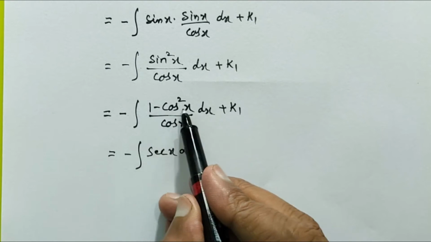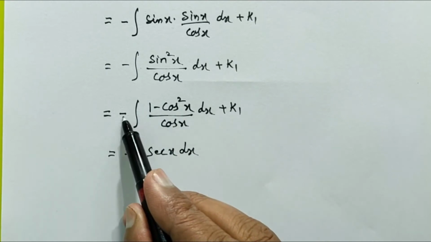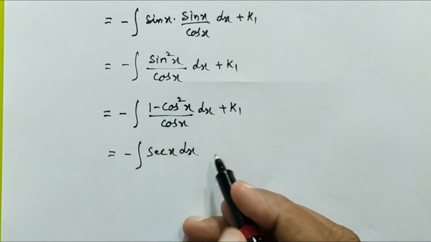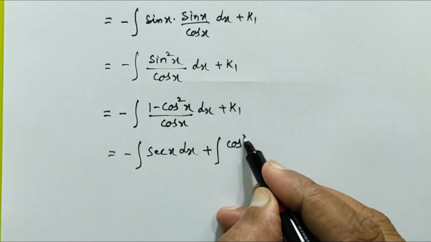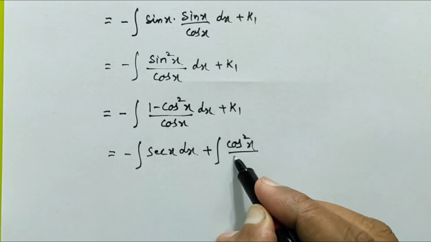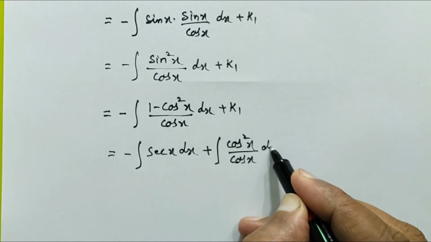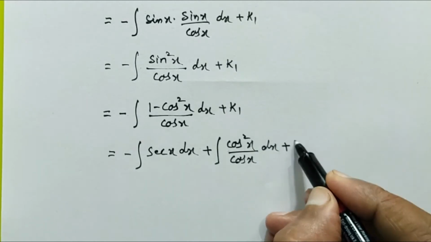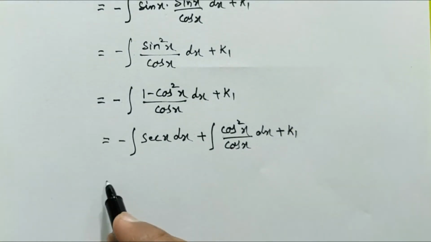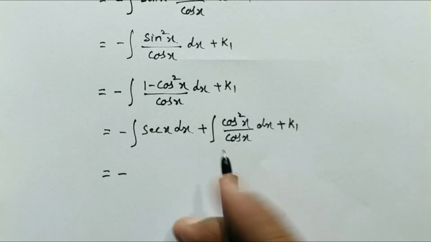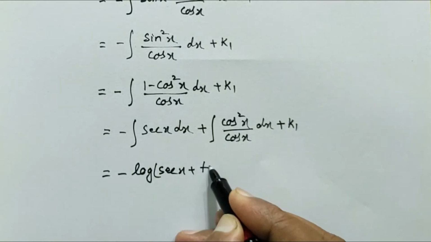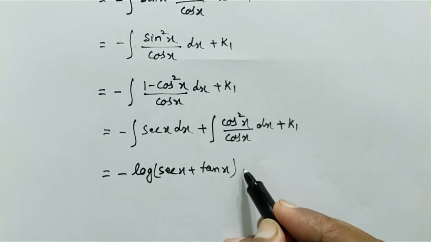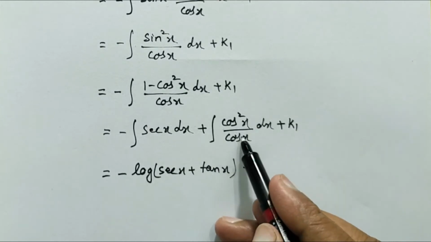Again apply this integral to cos square of x. So if I multiply this minus with this minus, it becomes plus. Integral of cos square of x divided by this cos of x into dx plus this constant k1. So this will be nothing but minus. We know the integral of secant of x is log of secant of x plus tan of x, plus here one cos will cancel out.